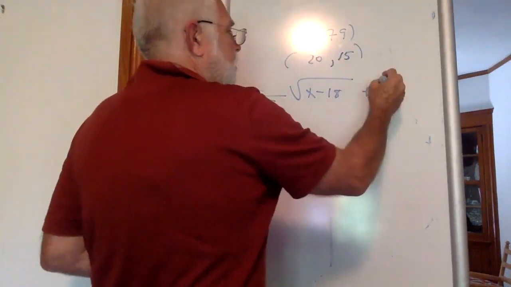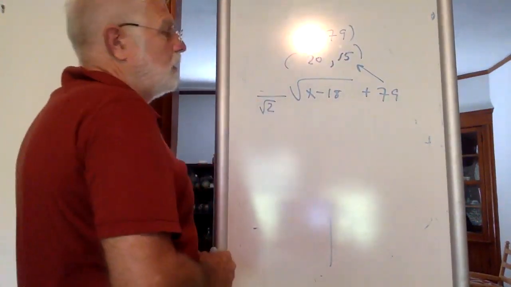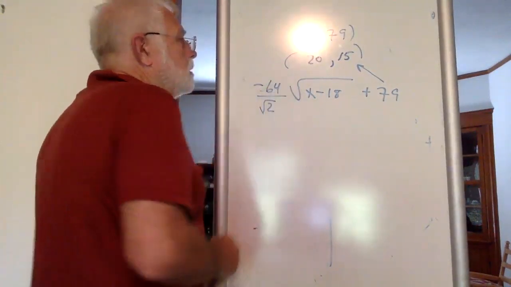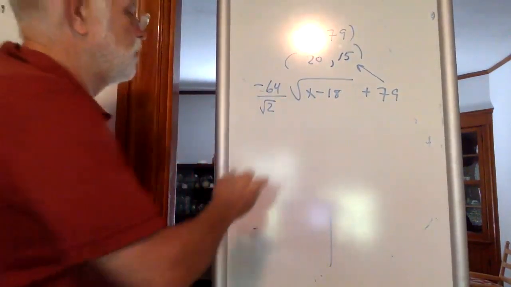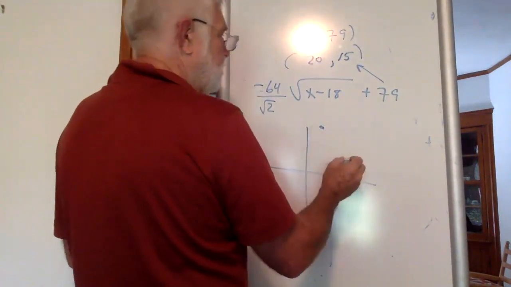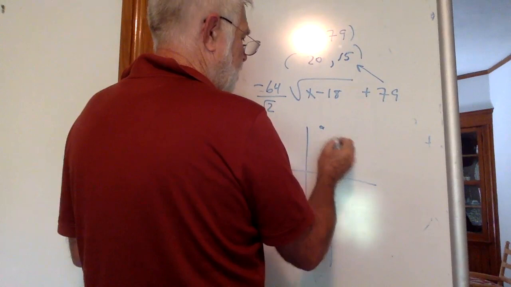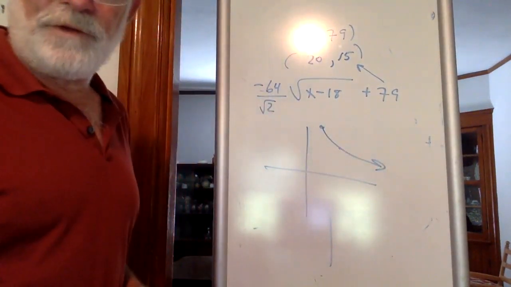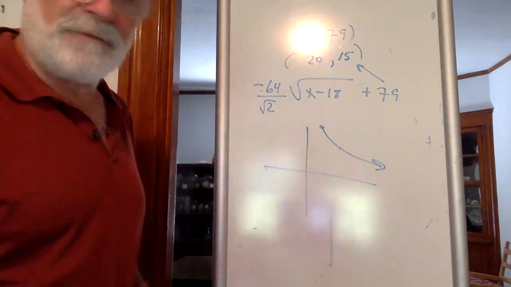We're trying to get from 79 to 15, which means we got to go down 64. So we would have had 18, 79 here, and we're going to go to 20, 15, which is maybe here. So that's what your graph would look like. The numerical trajectory would have taken on that form.